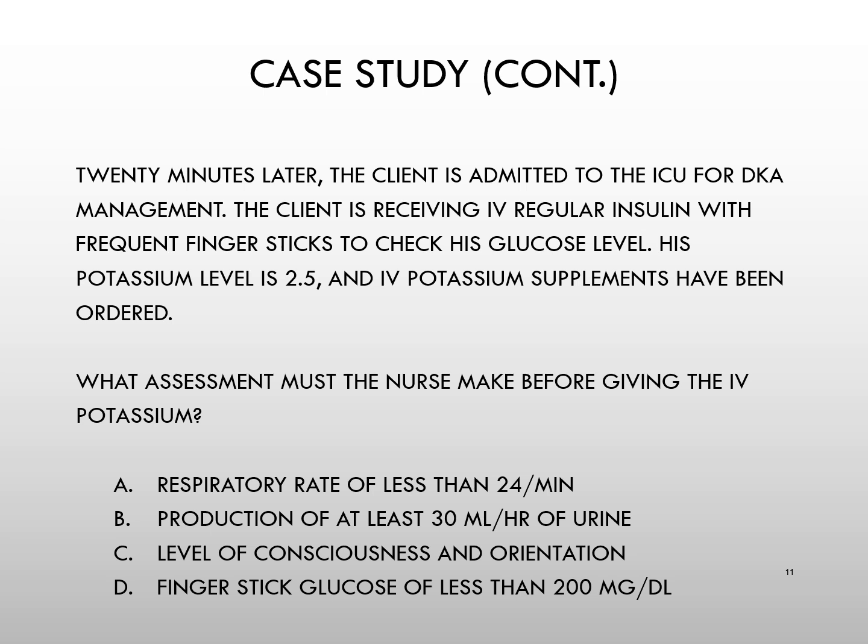Is it a respiratory rate of less than 24 per minute, production of at least 30 mLs per hour of urine, level of consciousness and orientation, or finger stick glucose of less than 200 milligrams per deciliter? The correct answer is B. Hypokalemia is a common cause of death in the treatment of DKA, but before giving IV potassium, we have to make sure that the client produces at least 30 mLs per hour of urine.